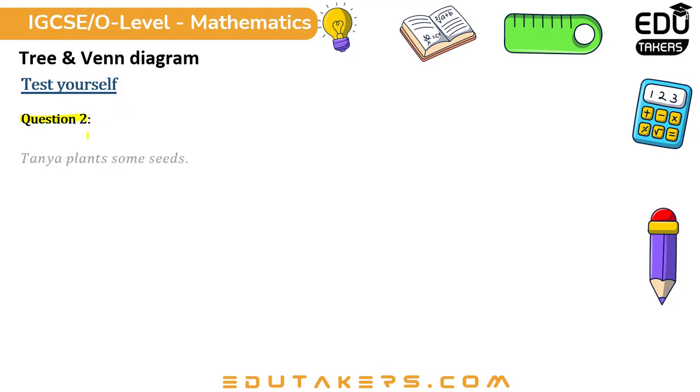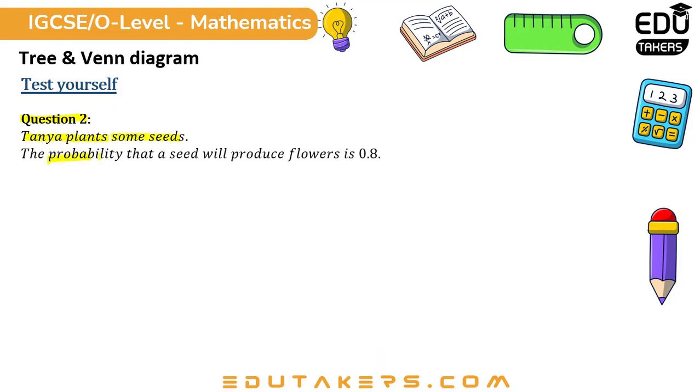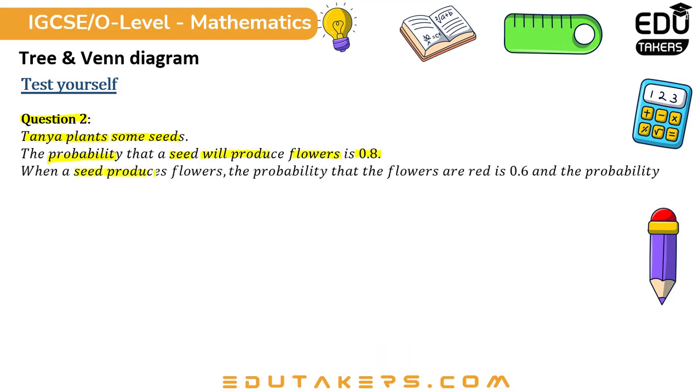Question number 2. Tanya plants some seeds. The probability that a seed will produce flowers is 0.8. When a seed produces flowers, the probability that the flowers are red is 0.6 and the probability that the flowers are yellow is 0.3. Complete the tree diagram.